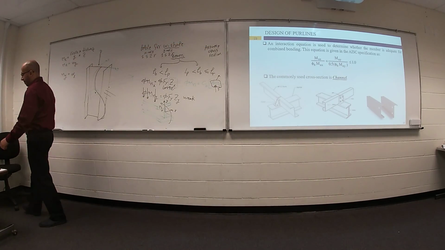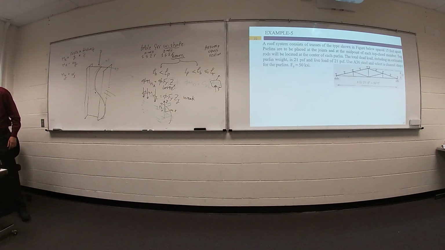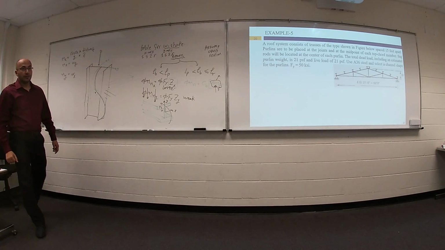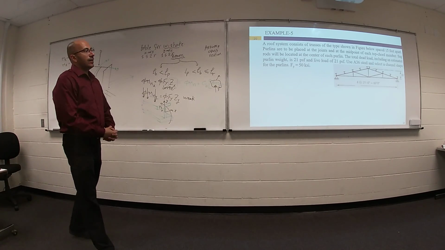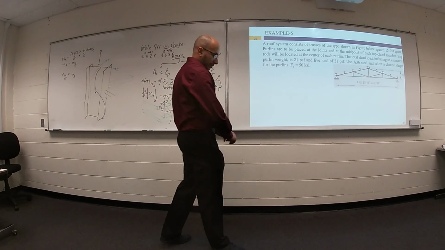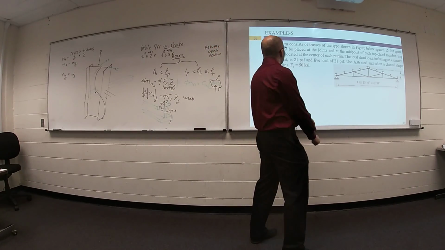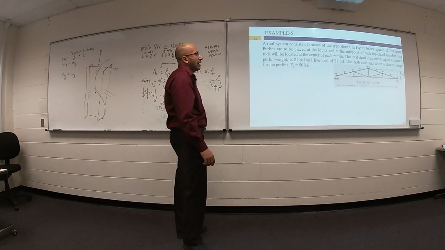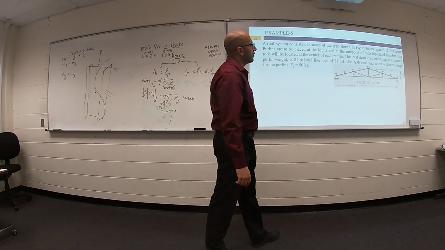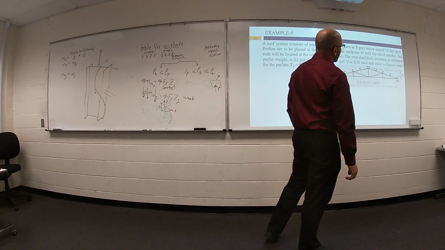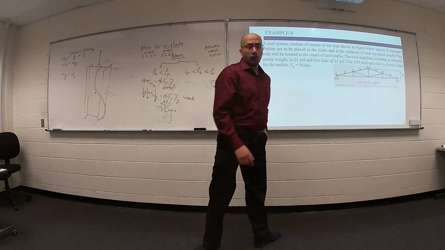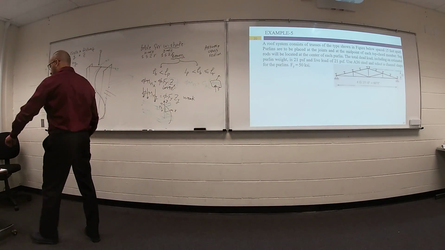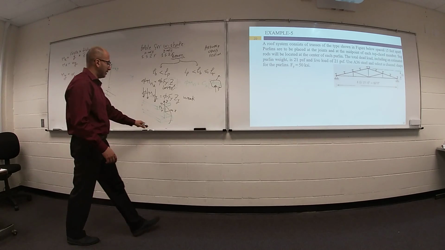So we have to find for the C channel, we have to use that table. Yes, for channels. We have a roof system consisting of trusses of the type shown in the figure below, spaced 15 feet apart. So this information is important.